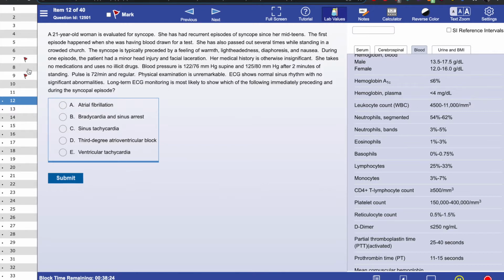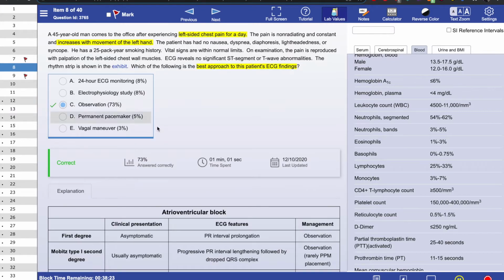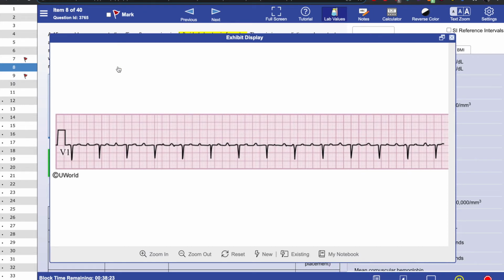For example, I believe it was question 8 that I did before, which said, which of the following is the best approach to this patient's ECG findings? So from this last line, I know I can look at the ECG and should be able to answer the question. This ECG is showing 300, 150, 170 beats, so the heart rate here is about 60. That's normal.